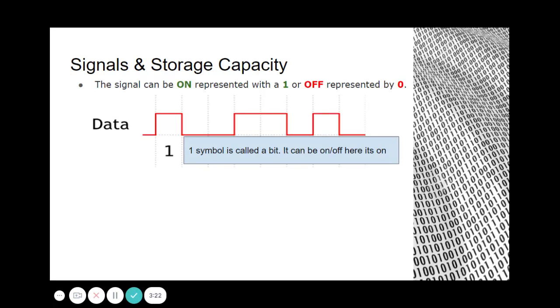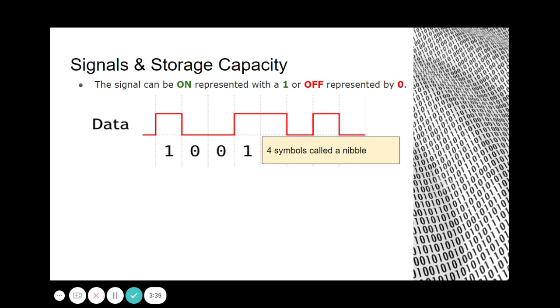One signal by itself, one symbol, is called a bit. Now, if we have a group of four symbols, we call it a nibble. That's a very specific word. A nibble refers to 4 symbols.